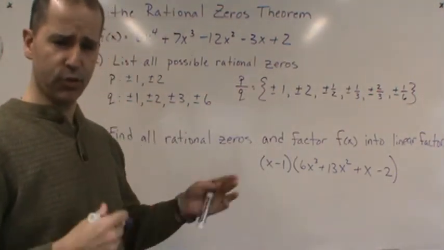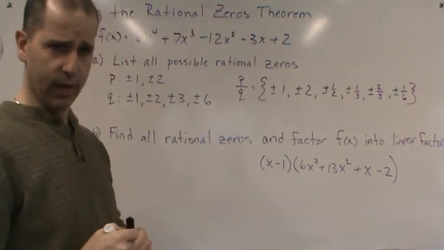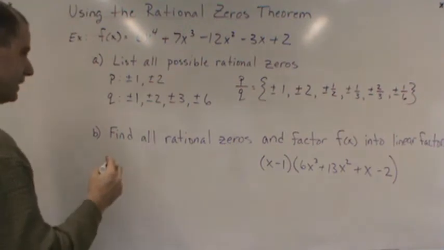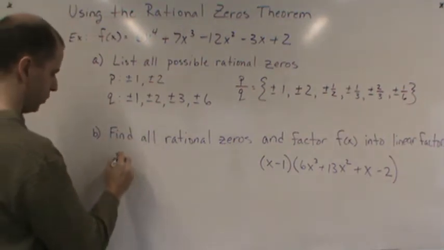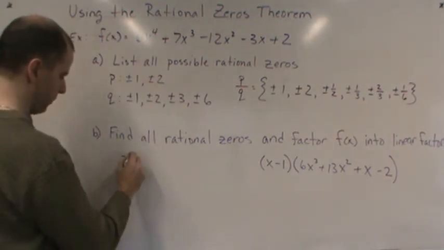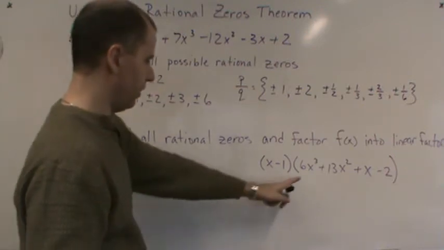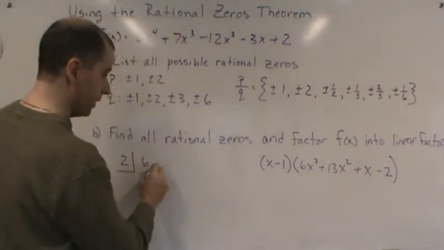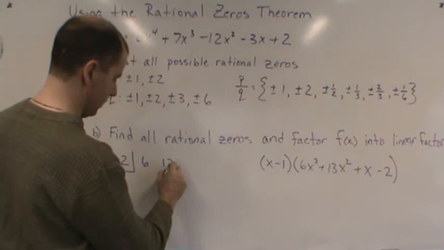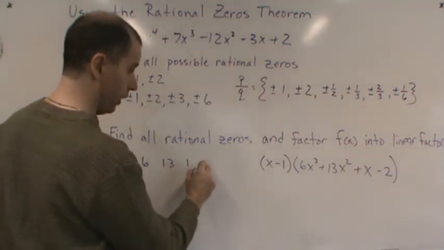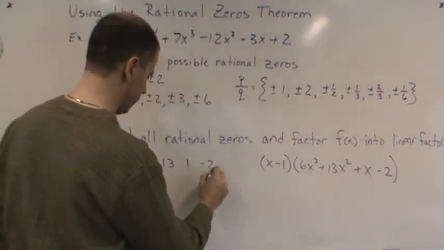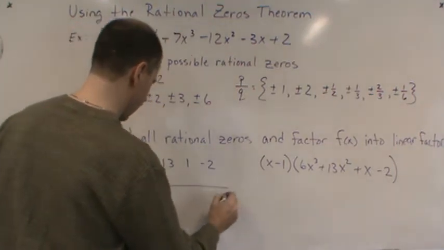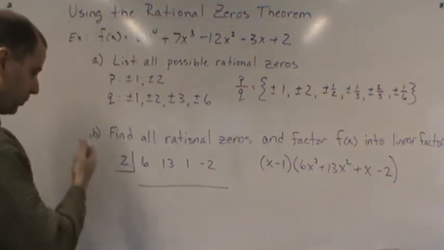Now there's no shortcuts for this one, so we'll just have to try it. Let's do positive 2. So now we're going to list the coefficients: 6, 13, 1, and minus 2. And now we're going to drop down and start the process.